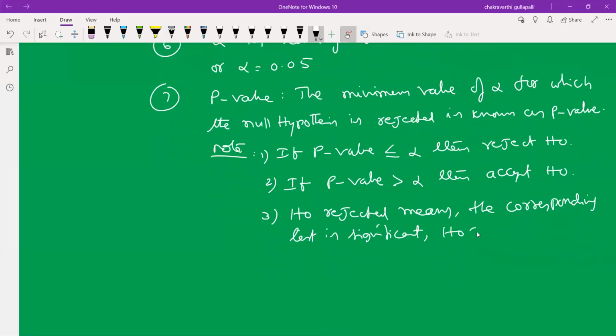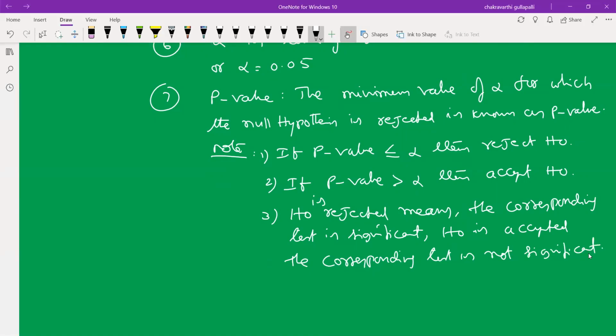H naught is accepted means the corresponding test is not significant.